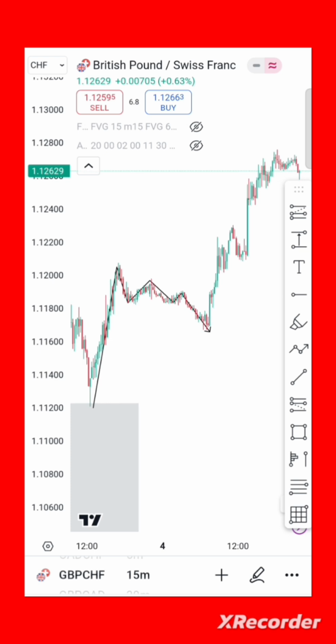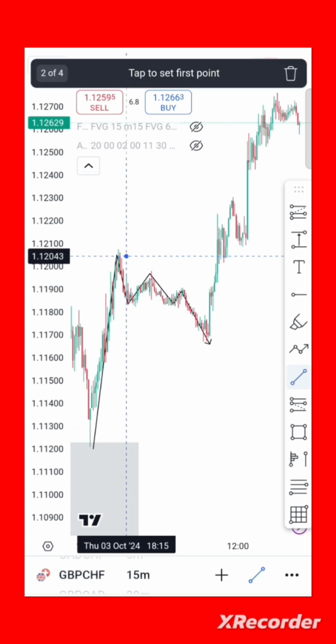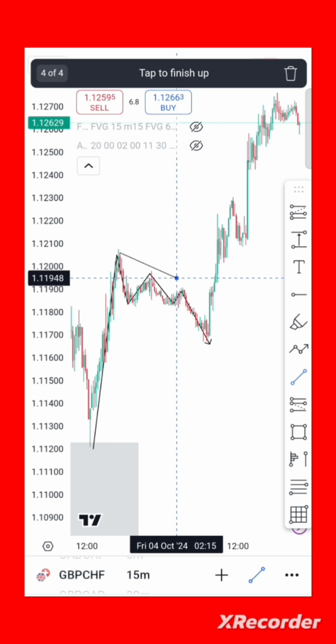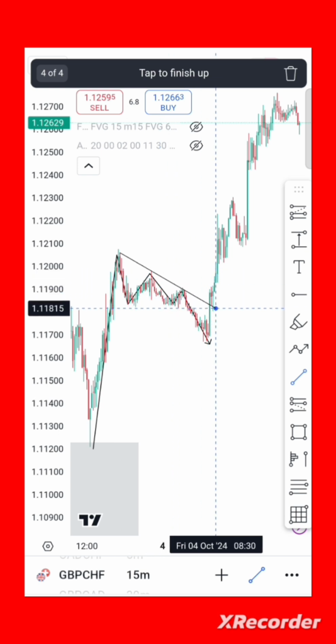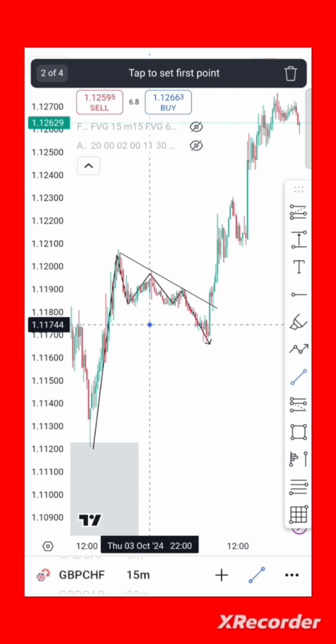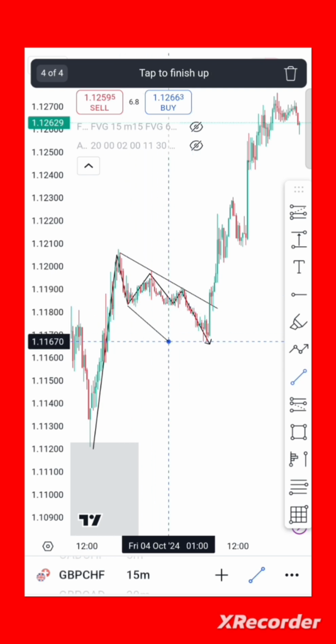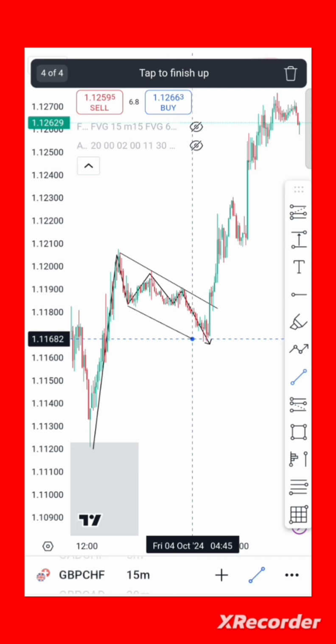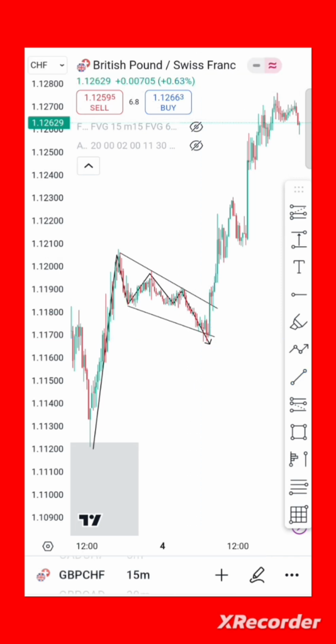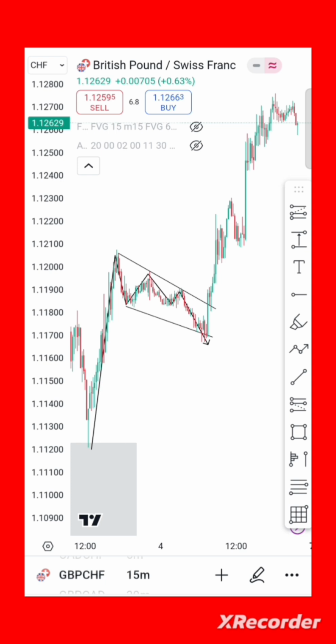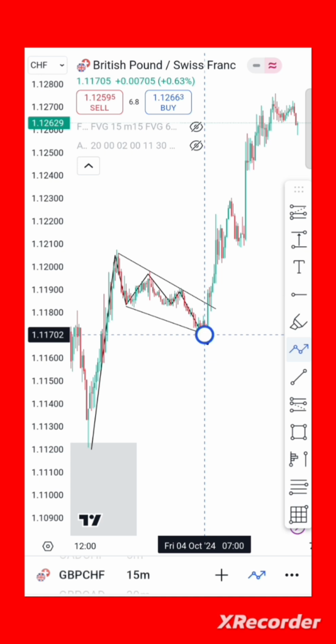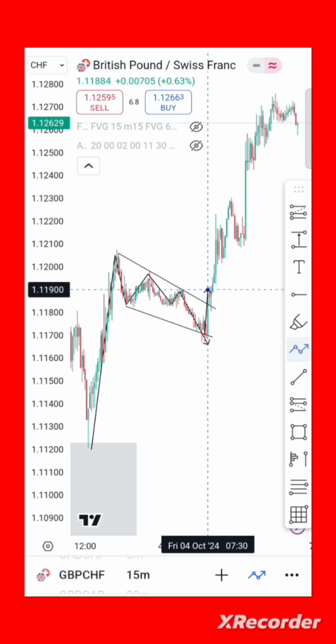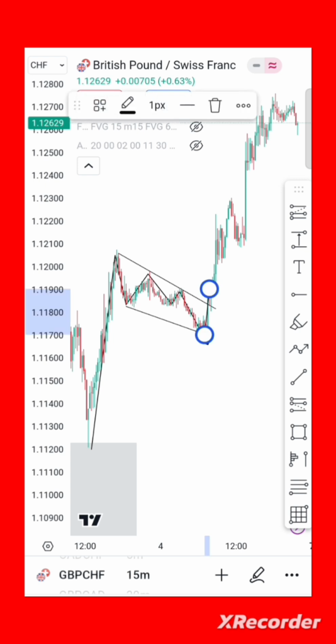So what I simply did was take out my trend line tool, and I marked from this high, marking all these highs like this, and then I marked down also, marking all these lows like this. What I was waiting for was price to push out aggressively and close with the body of a candle above this trend line, and I'd be willing to take a long position. So let's see what happened.